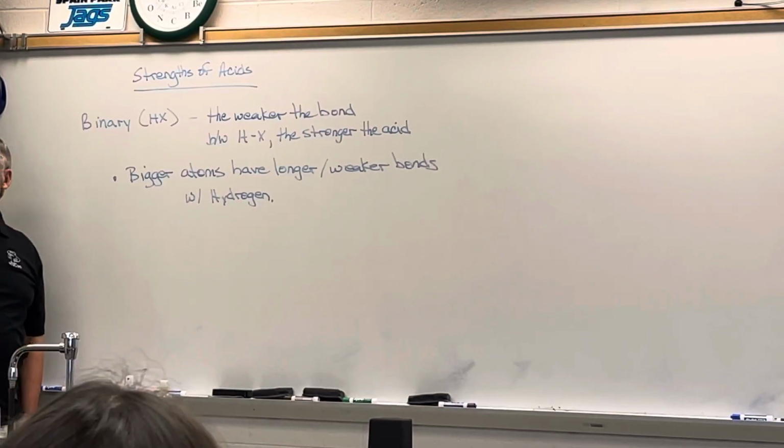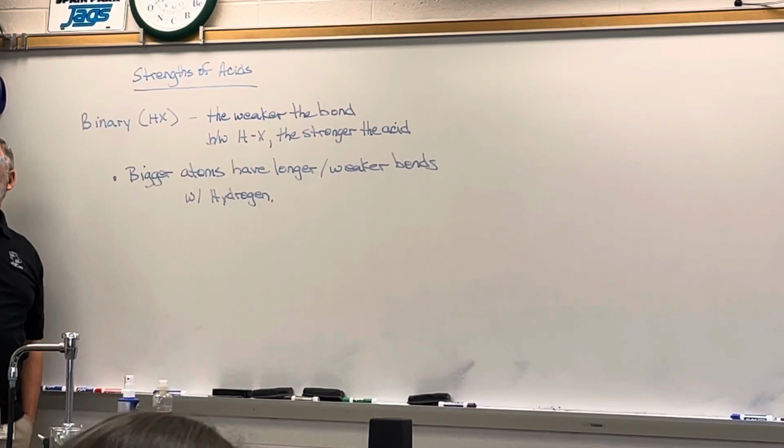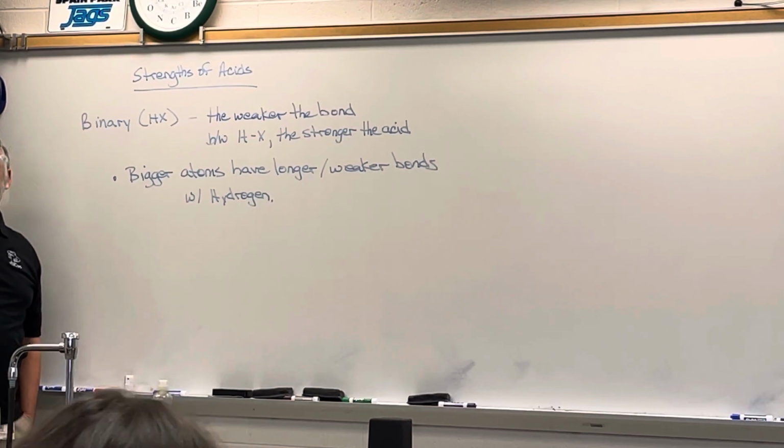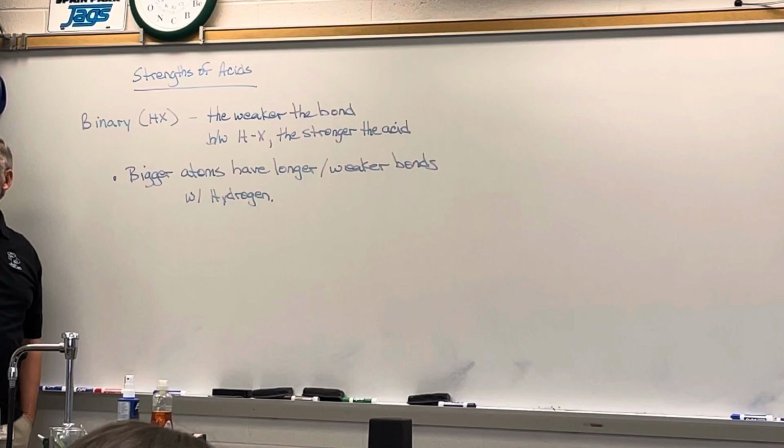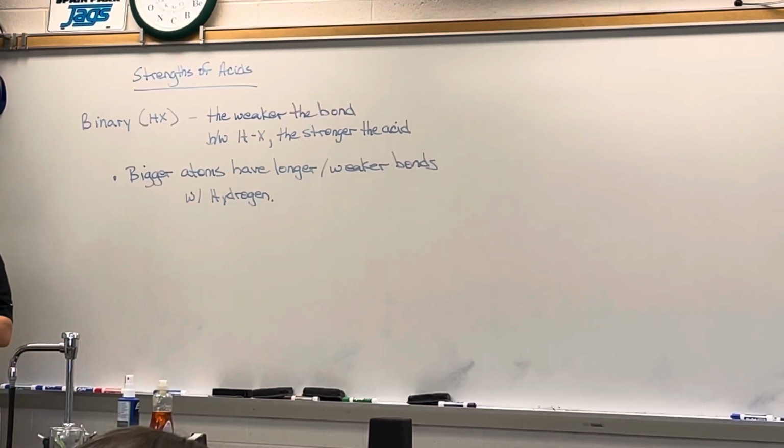So that's why when we're looking at our hydrogen halides, HI is listed higher than HBr than HCl. Because HI is down at the bottom, it's got the longest bond length, therefore it's the easiest to break.